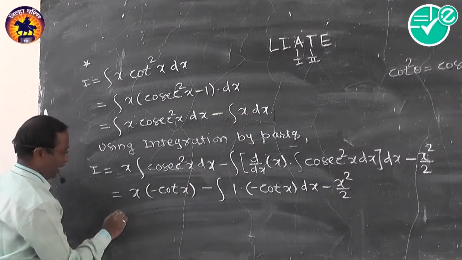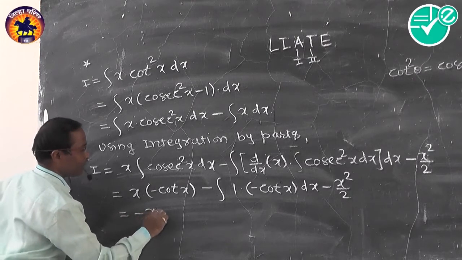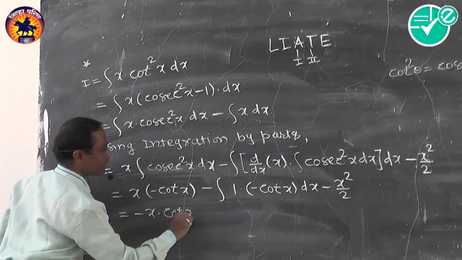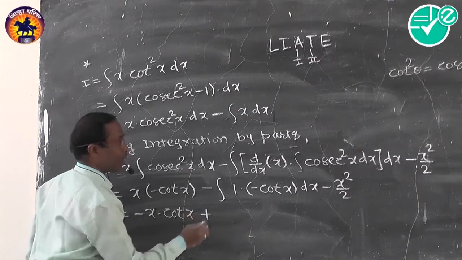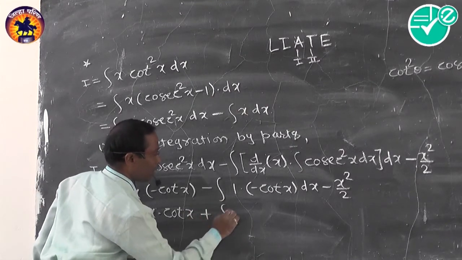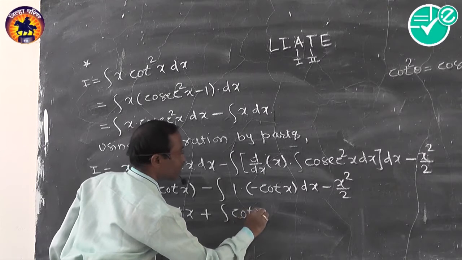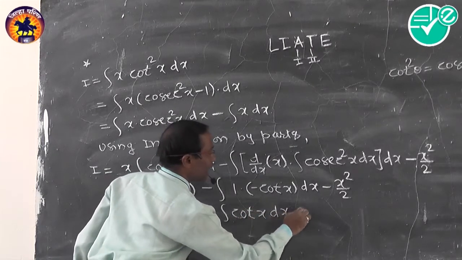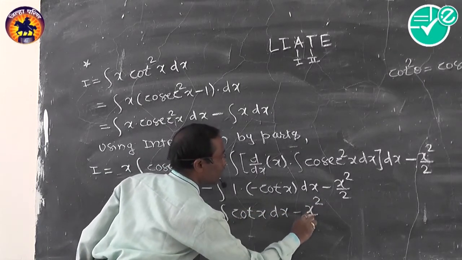Now this can be written as minus x into cot x, minus minus becomes plus, integral of cot x dx, minus x square by 2.